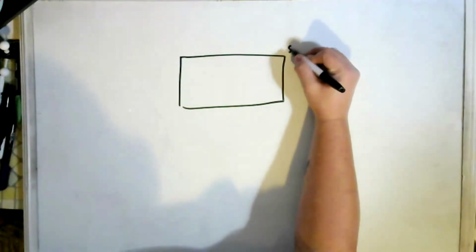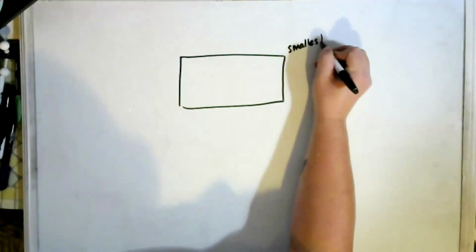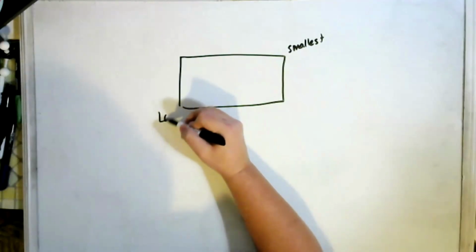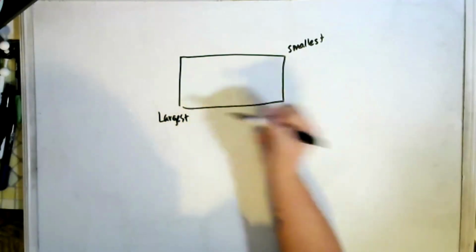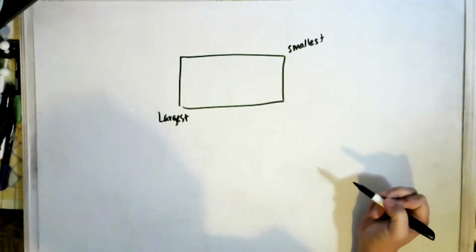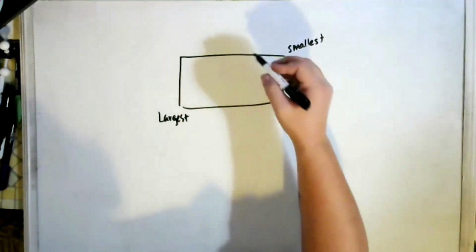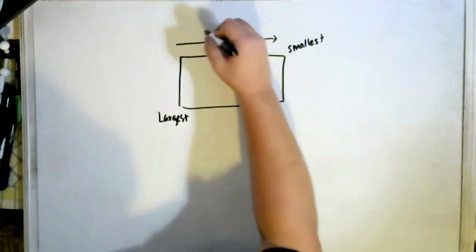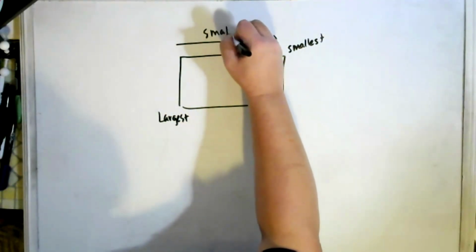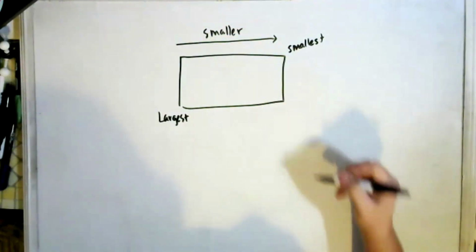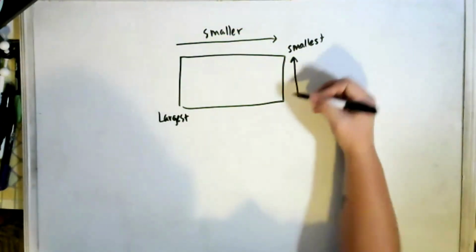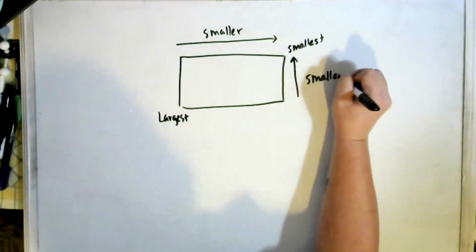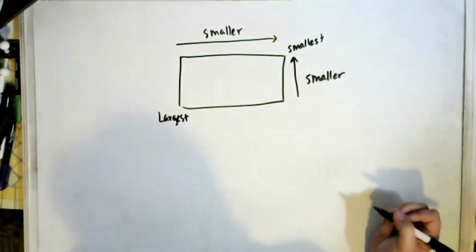Remember that your smallest elements are going to be to the top right, and your largest elements are going to be down here. As we go from left to right, we're getting smaller, and as we go from the bottom to the top, we're getting smaller as well.